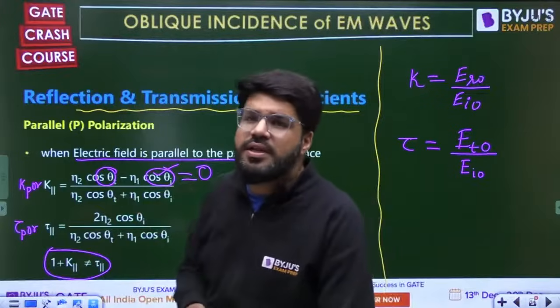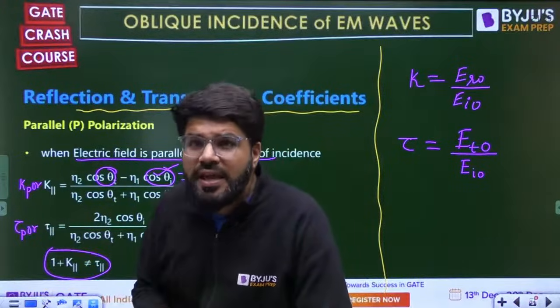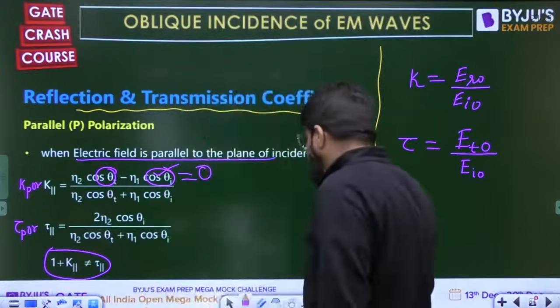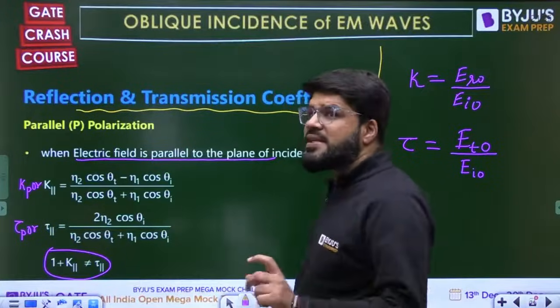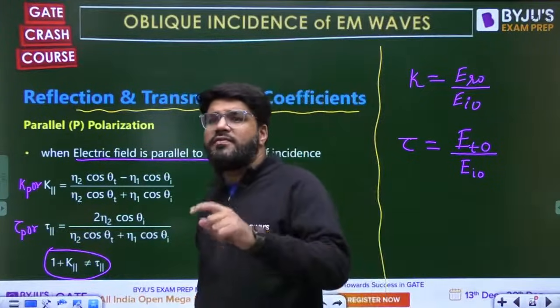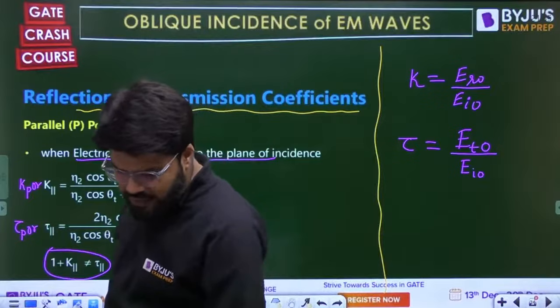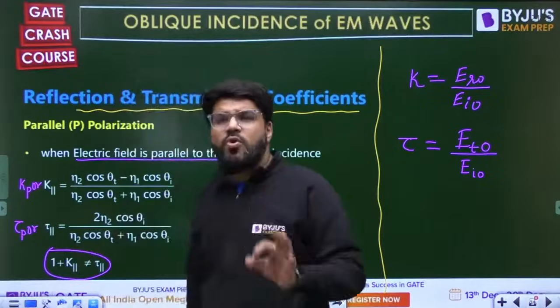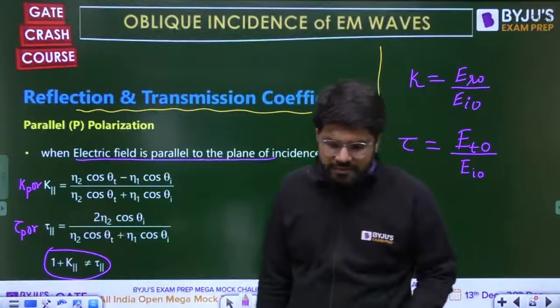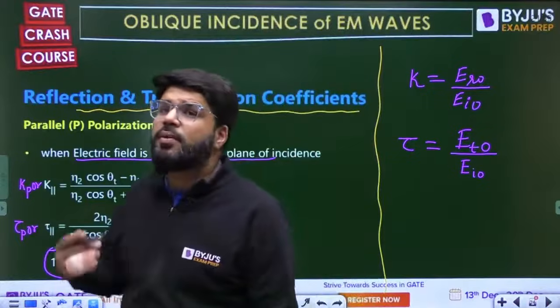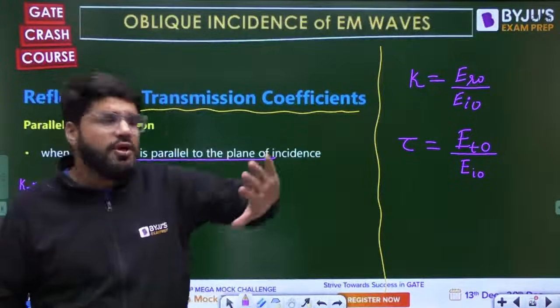Then what is the conclusion here? The k becomes 0, and if the k becomes 0, there is no component of the wave which is reflected back, and the wave is only propagating. The information is not lost, right?